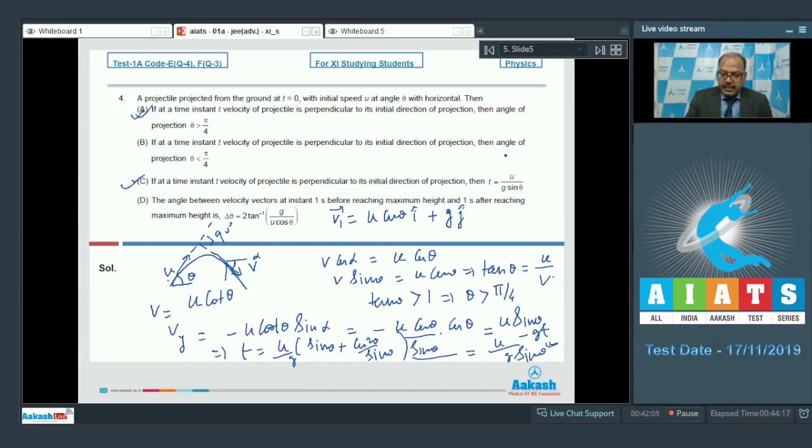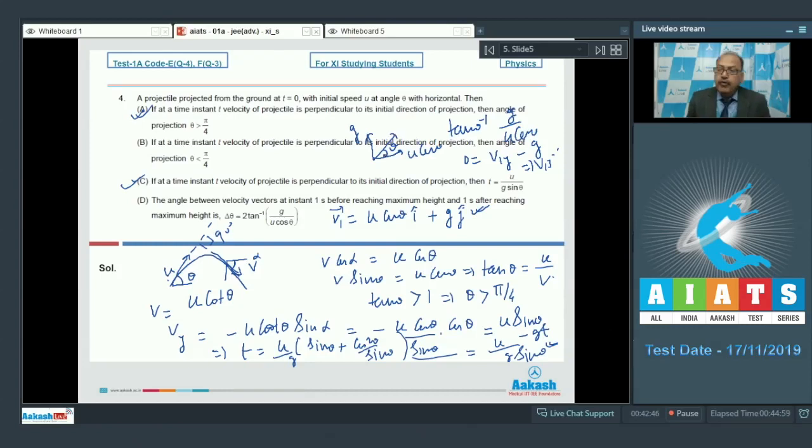So if I put it like this, that 0 is equal to V1y minus g. So this gives us V1y equal to g. Okay. So at this instant, if I draw this, component is g numerically and this is u cos theta. So with the horizontal, the angle is tan inverse g by u cos theta.